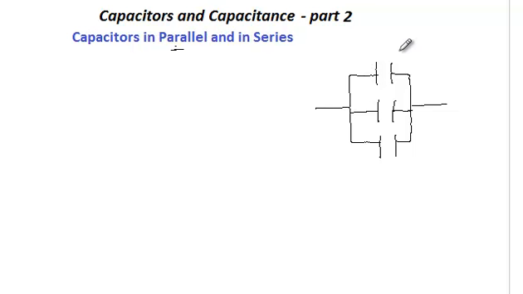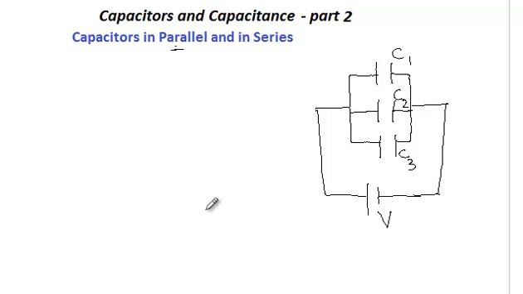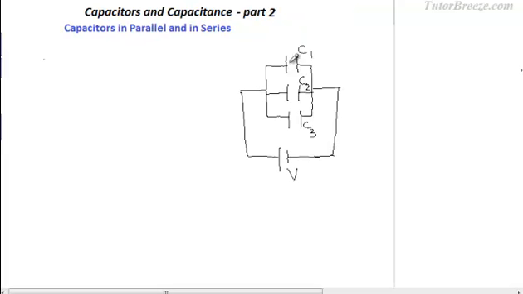Now, say we have 3 capacitors C1, C2 and C3, and this is connected to a battery whose voltage is V. Over here you can see that each of these plates is connected to the positive terminal and the other plate is connected to the negative terminal.